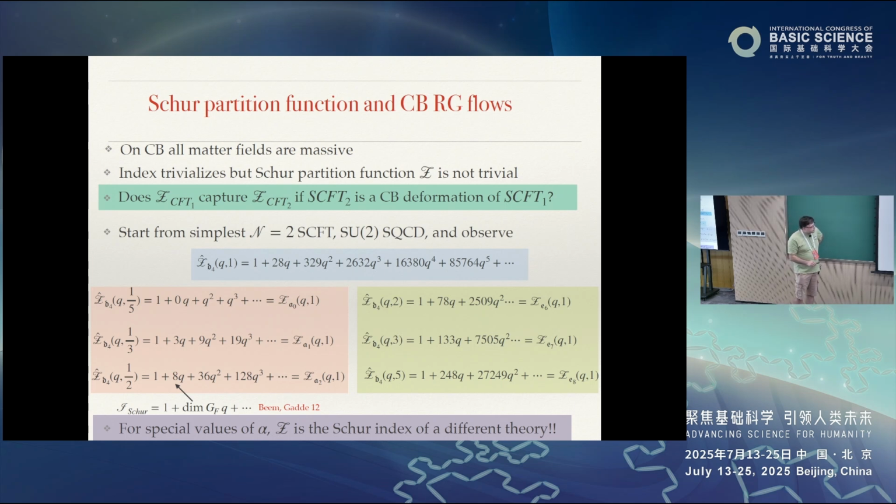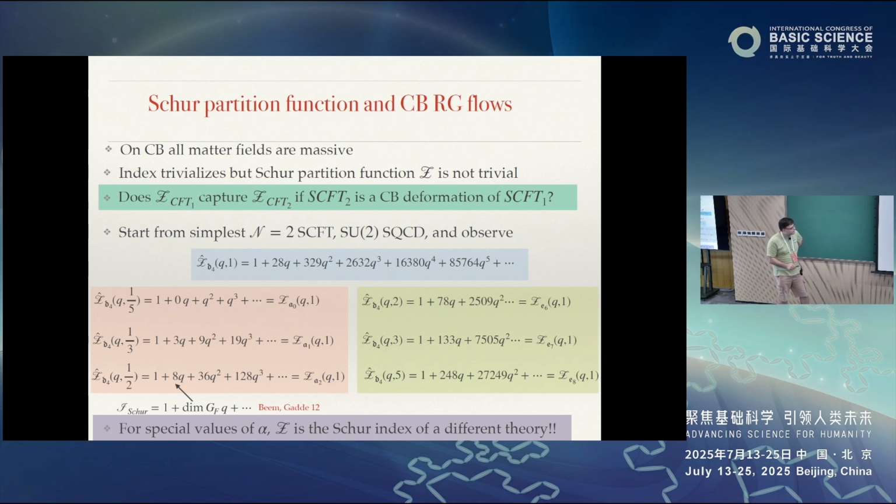And then you see that here you don't have any symmetry. Here it seems that you have an SU2. Here it seems that you have an SU3. And when you look at the whole of this expansion, you see that the expansion matches Schur indices of very well-known Argyres-Douglas theories. These are called A0, A1, A2, and this name is according to the global symmetry of these theories.